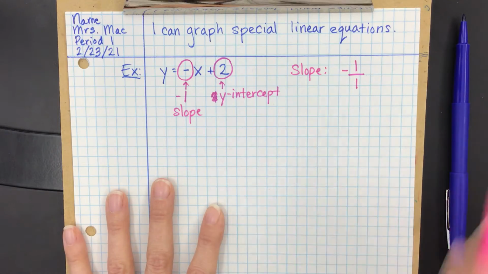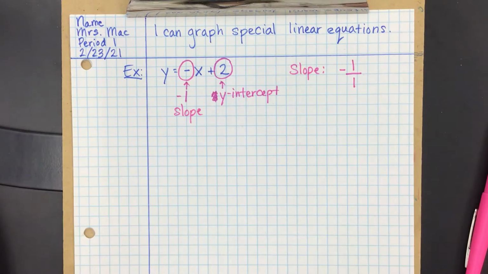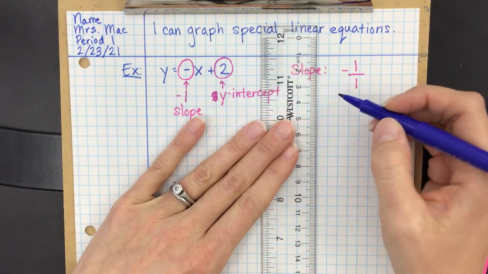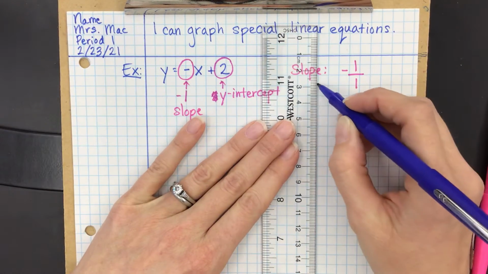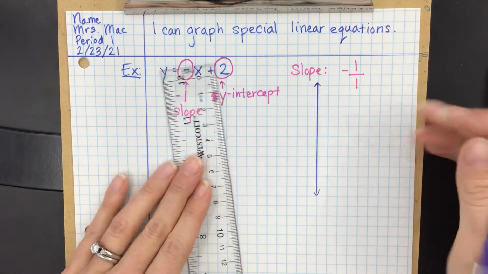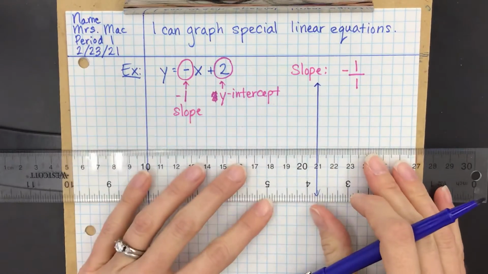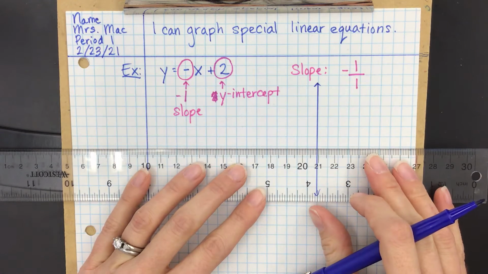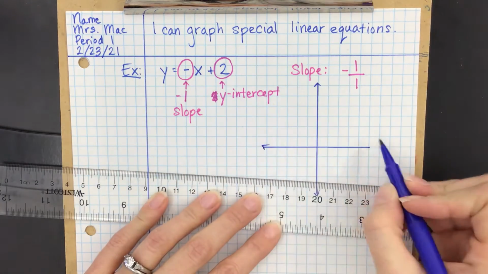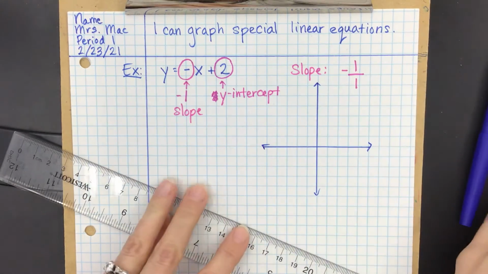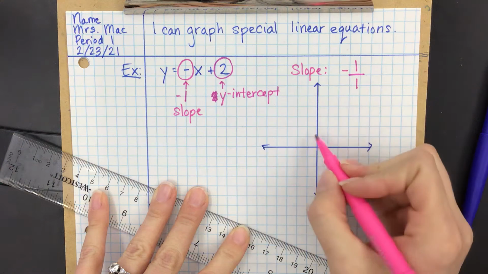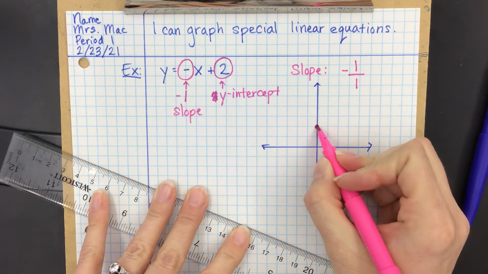Yeah? Okay, now let's go ahead and use this information to graph our line. Okay, so my y-intercept is a +2, so I'm going to put a point here at +2.